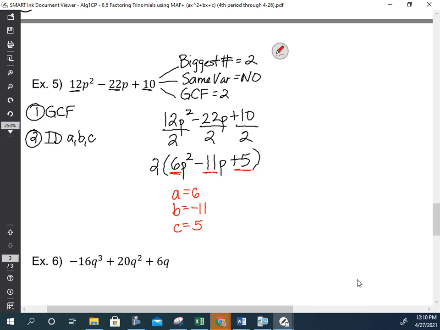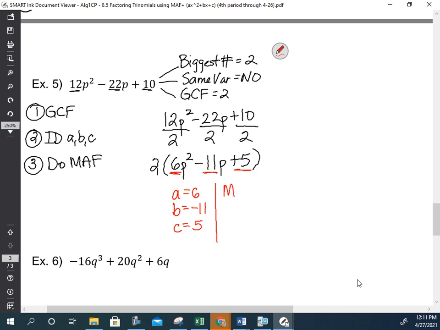There's A, B, and C. So, we're going to do half of step 3 together, and then I'll give you time to try to finish the rest of the problem. You're doing MAF.